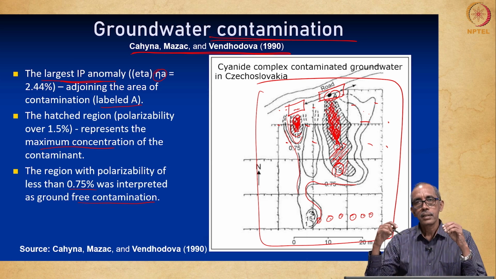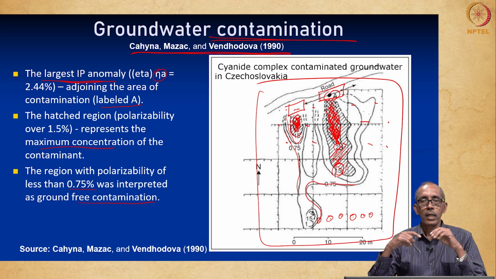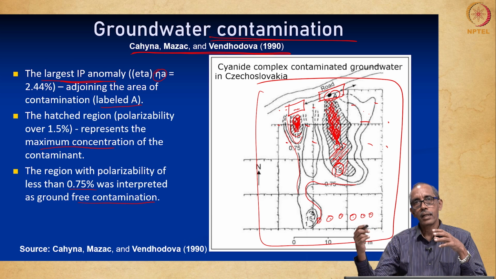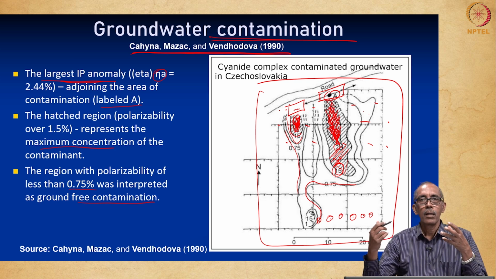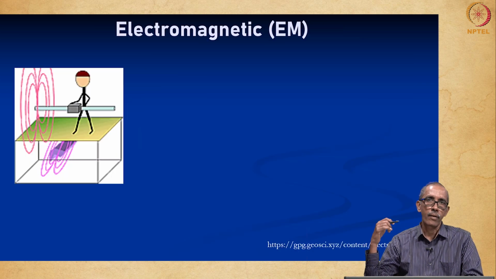This case study helped us to understand how induced polarization values vary due to contamination. When the groundwater is contaminated, the earth is able to remain chargeable, or able to very easily get polarized, right. Polarizability increases due to groundwater contamination. That is what has been indicated by this case study.